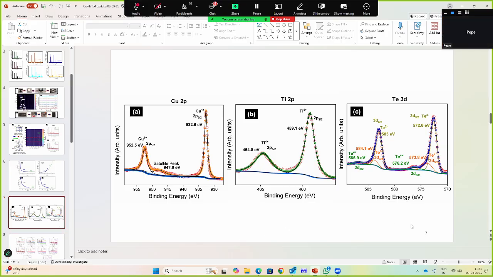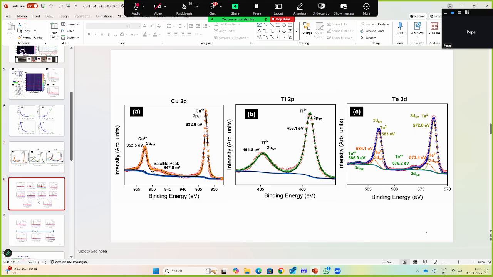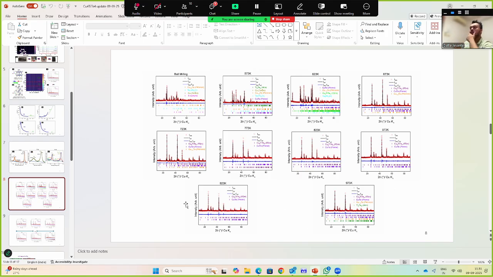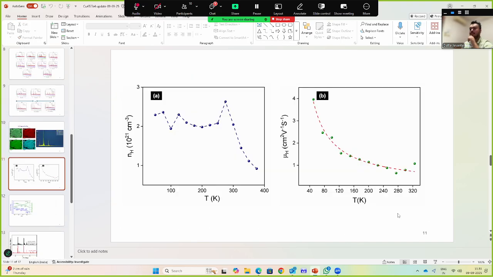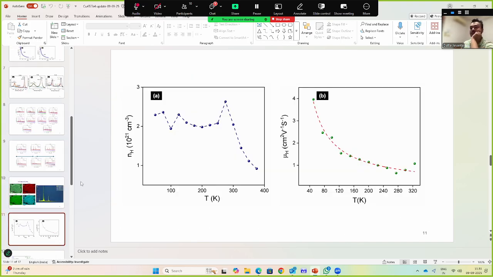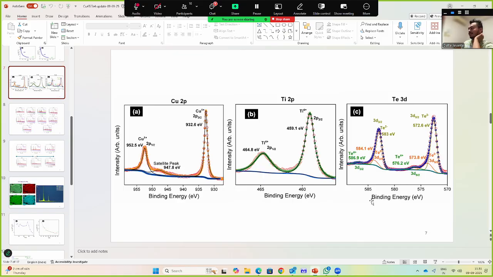The fits are okay because Debbie and I spoke about it. I don't think you should worry about it. So that bit is fine. Then just refinement. That's it. So I need to collect the transport data.